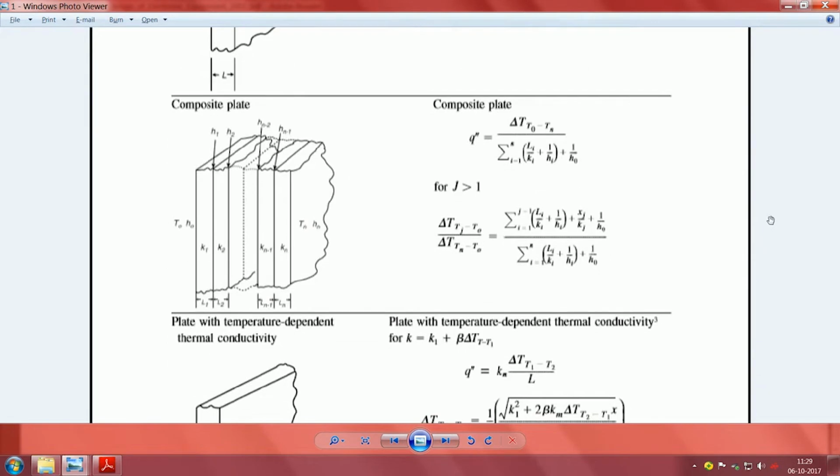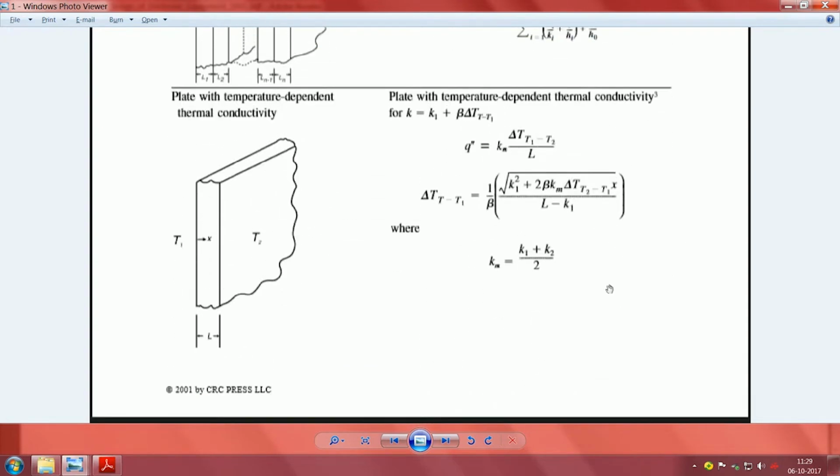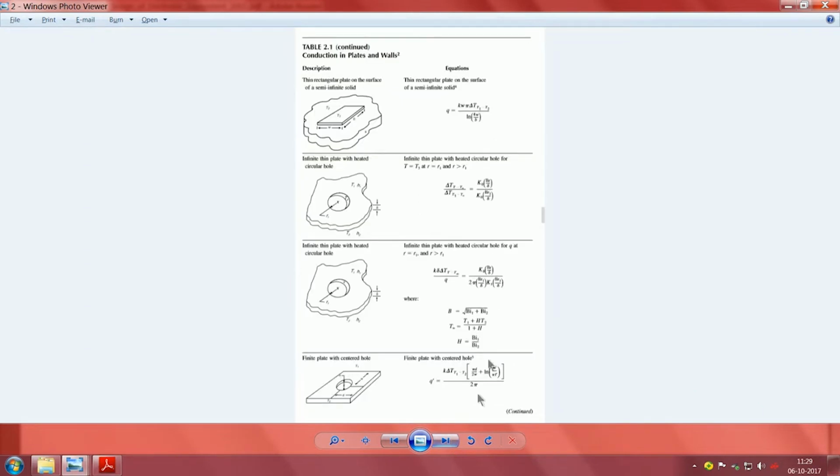In the case of a composite plate, same thing, this whole thing has been given here, in case you have plates with different thermal conductivity. So, you have huge equations; you just need to know that it is possible for you to make use of these things.